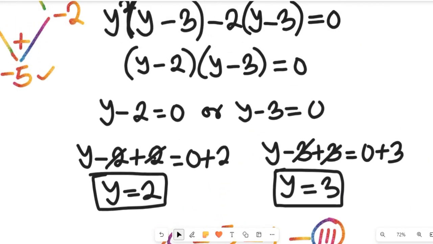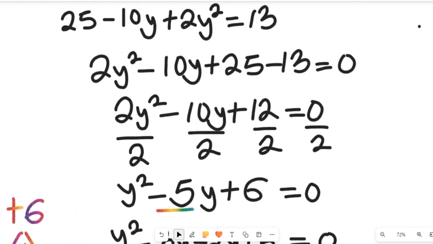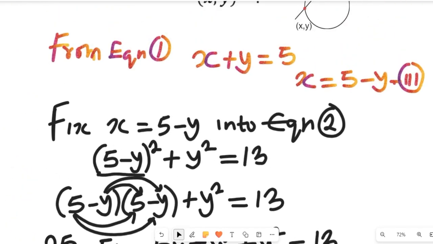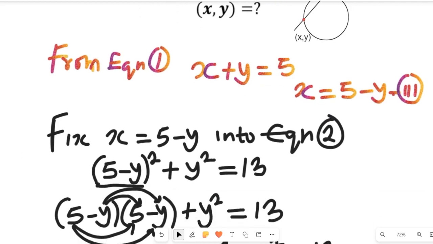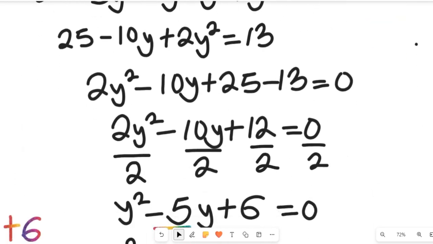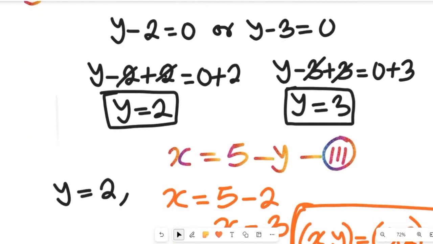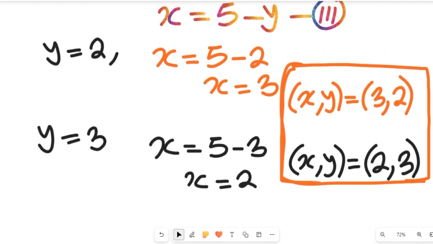So you remember these two points we had at the introductory part of this video. If you look at those two expressions, you're going to have your x comma y equal to 3 comma 2, and the other one, your x comma y equal to 2 comma 3.